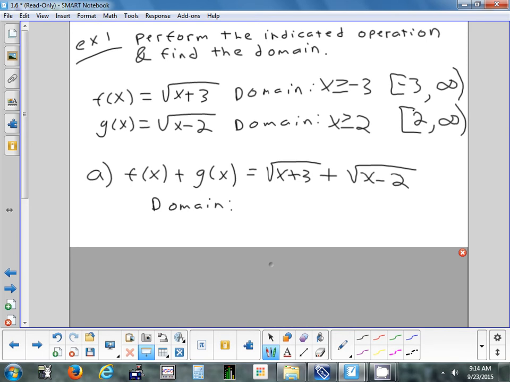Anything above -2? -1 wouldn't work in this one, because -1 take away 2 would be -3. All real numbers?